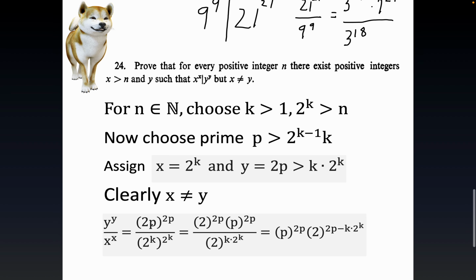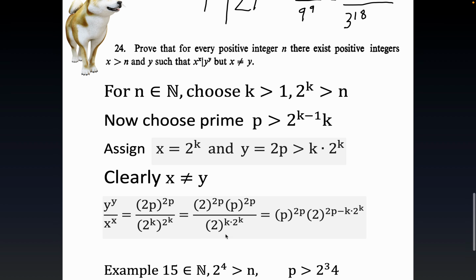You have y to the y is 2 to the p raised to the 2 to the p. x to the x is 2 to the k raised to the 2 to the k. Now, this part right here is kind of a nice breakout on the exponents. This is just a standard property of exponents where you can split the two apart like this. And then at this stage, since we have the same base, we can subtract this exponent right here from this exponent.